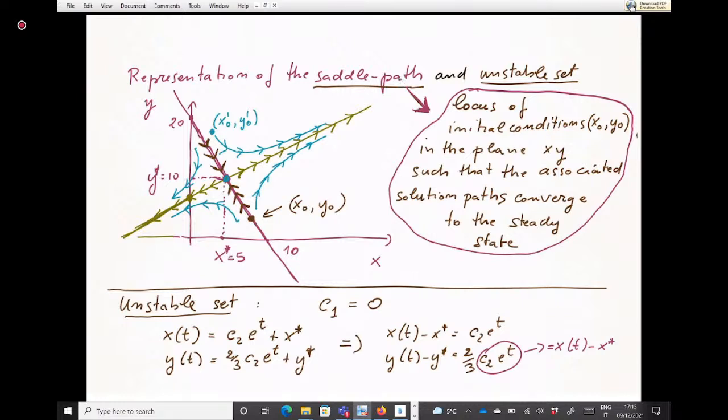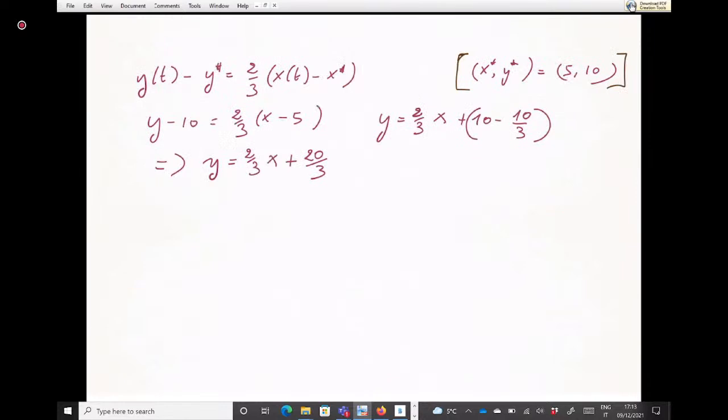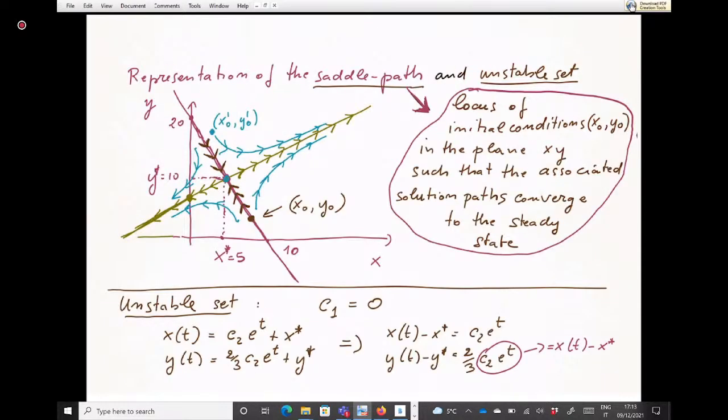So this is the typical saddle path behavior. Also, if you start here, you see some initial movement towards the steady state, but then it goes away in this direction, okay? So this is typical of saddle path stability.